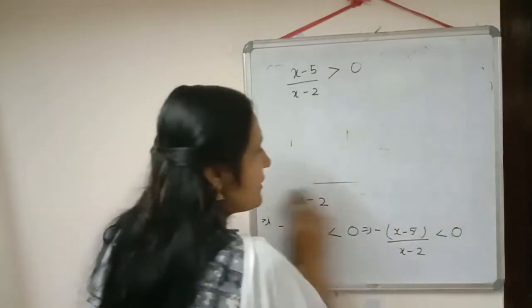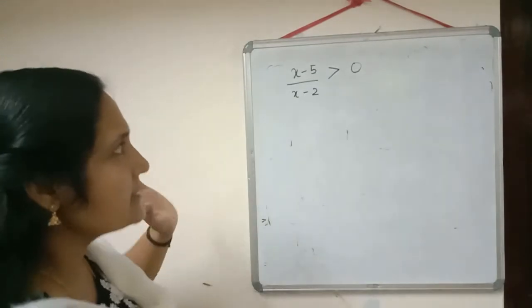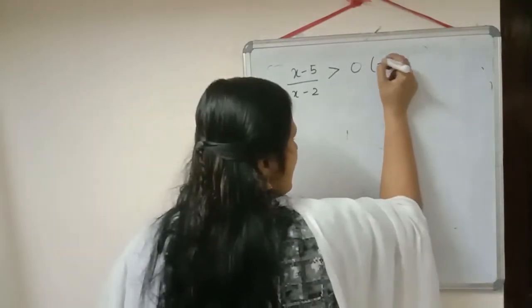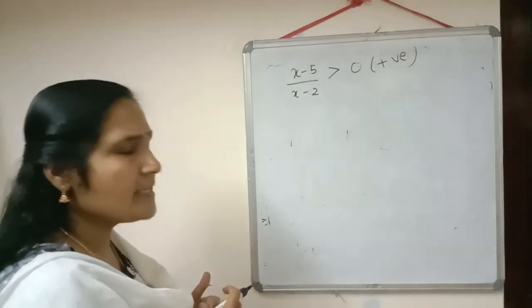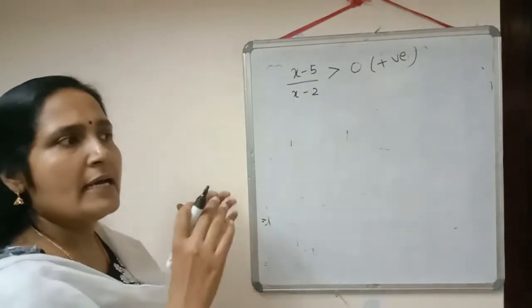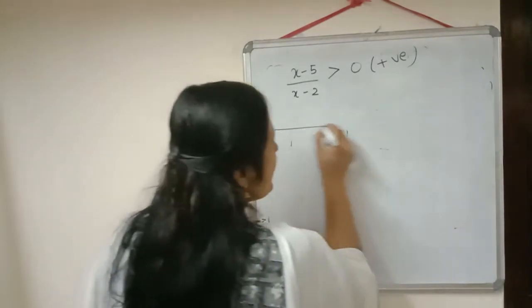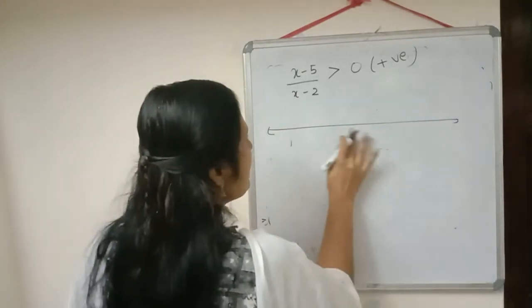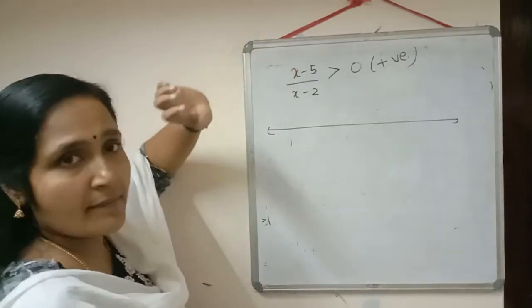So here we are not getting the equal to sign. So this rational number is positive. So just write down there, we need now a positive number. So in which cases are you getting a positive number, that region will be the solution region. So in which case will we get the numerator and denominator 0? Yes, at 5 and at 2 there.